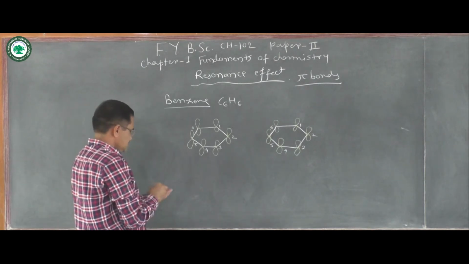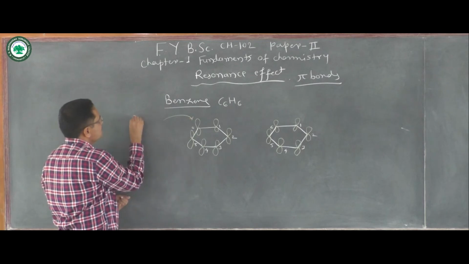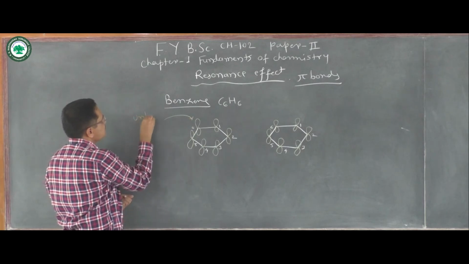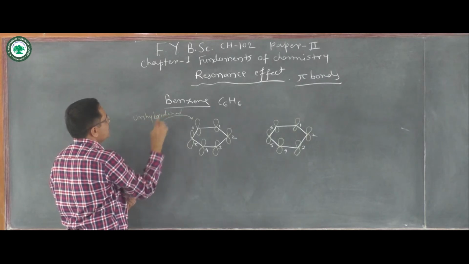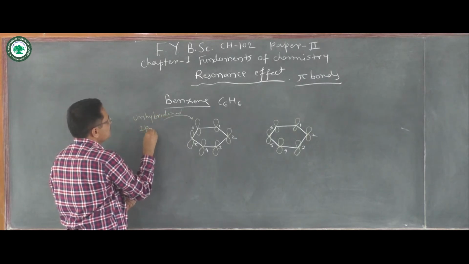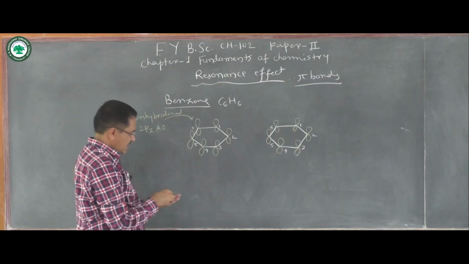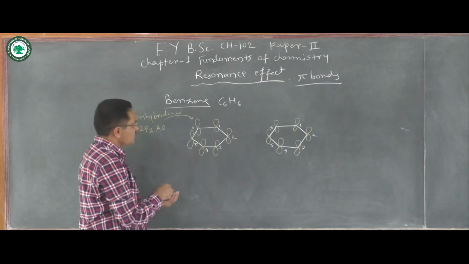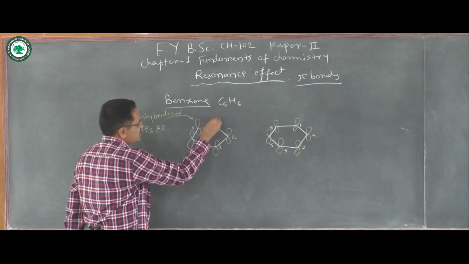Suppose this is the unhybridized 2pz atomic orbital, and there is overlapping of the first and sixth 2pz atomic orbitals.